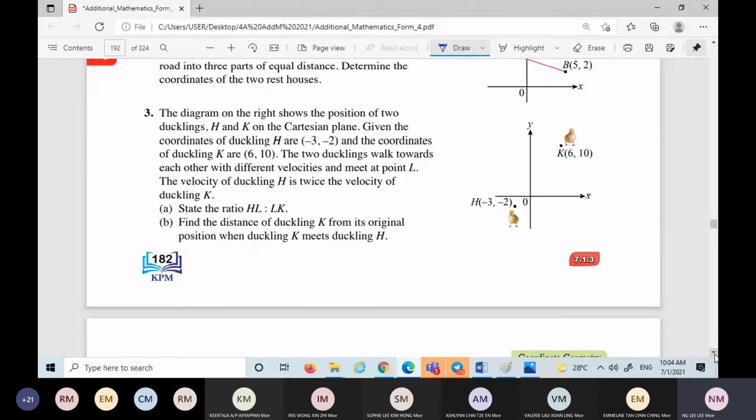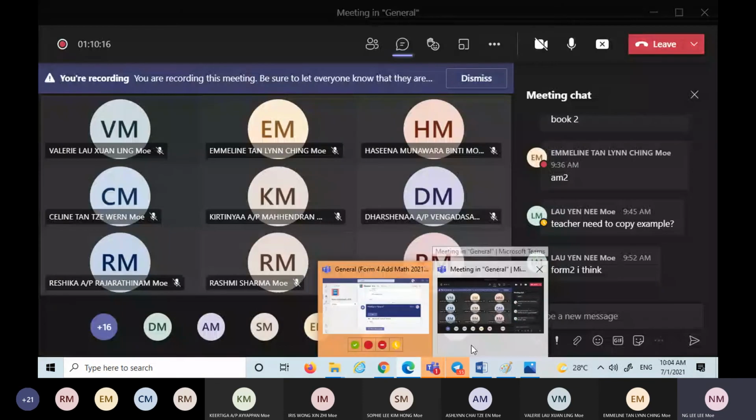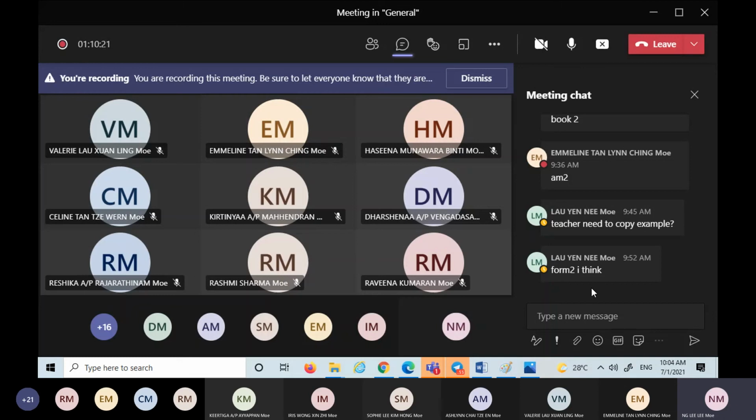Okay, let me see. I want to ask you something. Have you learned the equation of straight line? Do you remember when you learned it or not? Yanni says from Form 2, that one is the distance of 2 given points.